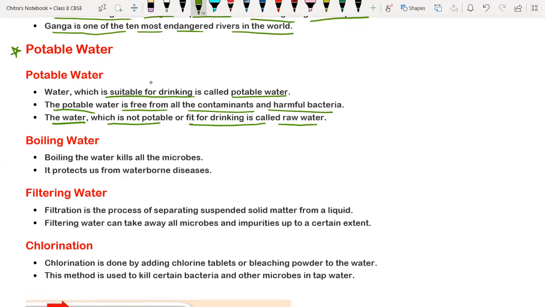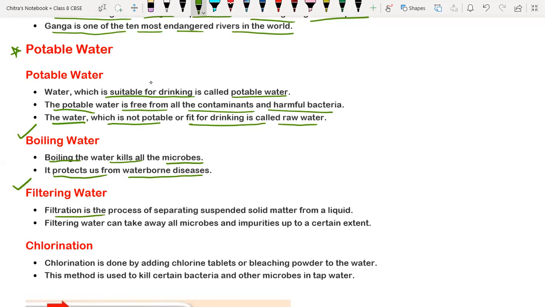Now, how can we make unpotable water potable? By boiling it. Boiling the water kills most of the microbes that may cause disease. It protects us from waterborne diseases also. So before drinking, we have to boil the water. We have to filter water before drinking.